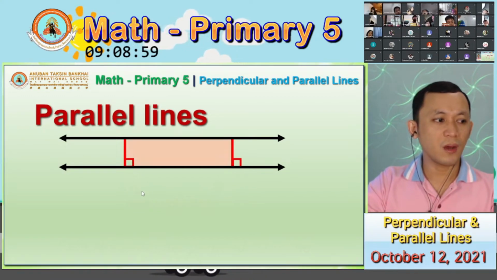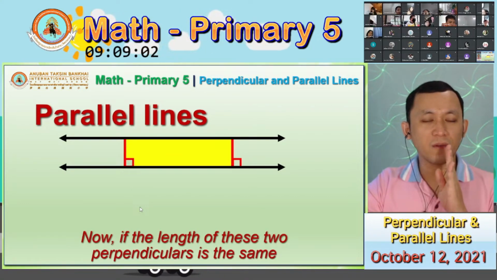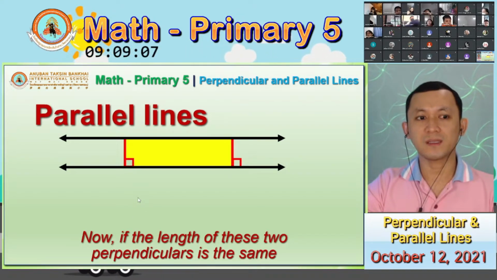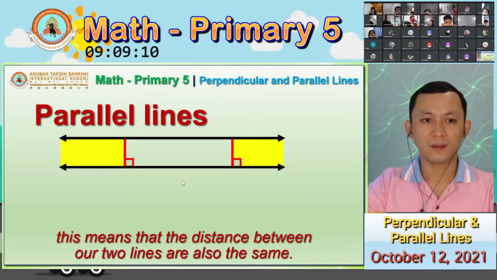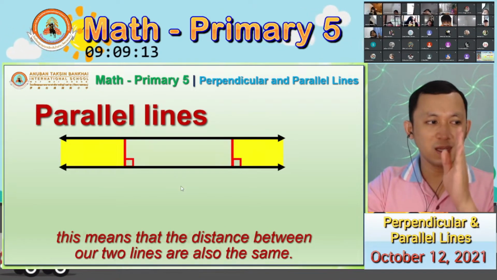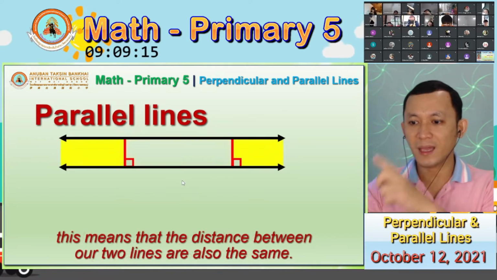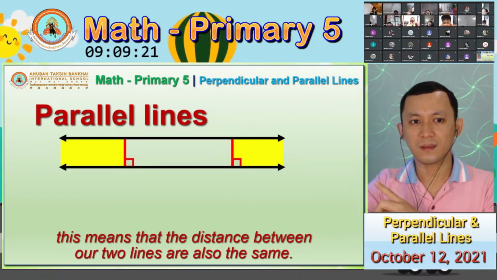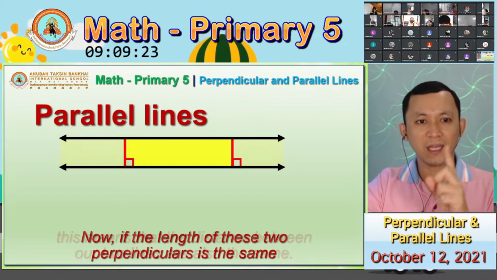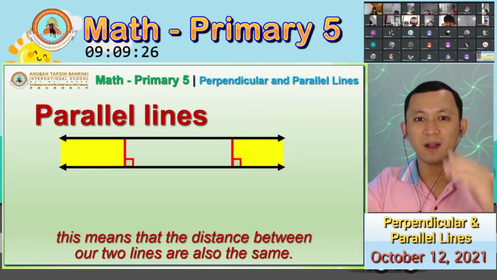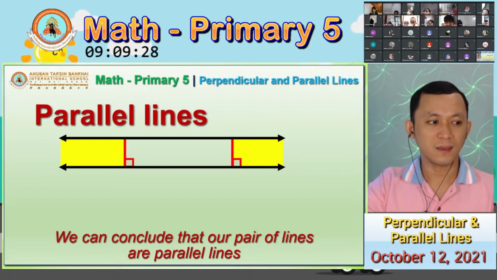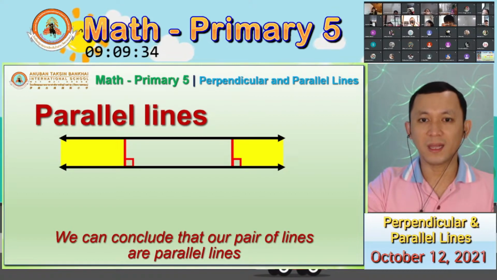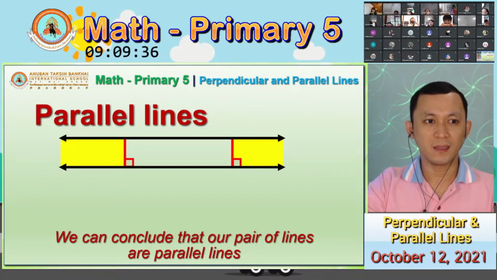If the length of these two perpendiculars is the same, then this is a parallel line. The inside and the outside distances are the same. Therefore, if these are equal, the lines are parallel.